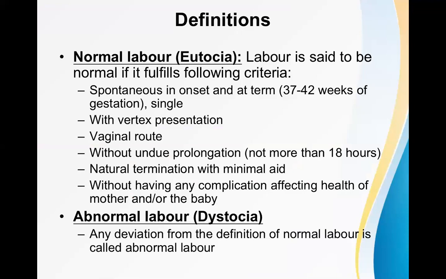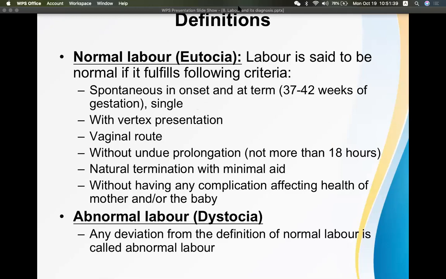Now, normal labor has so many important criteria. So let us revise once again. It should be spontaneous in onset. The labor pain should start on its own without use of any medicine. This is such an important point. And it should start at term, that is 37 completed weeks till 42 weeks of gestation.